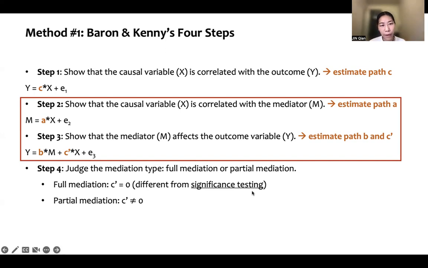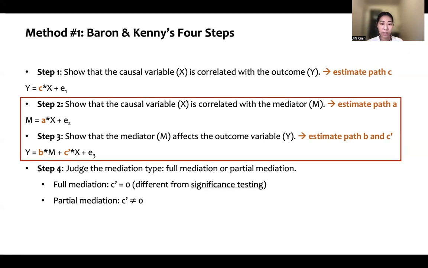According to Baron and Kenny, they use this coefficient to judge whether it's a full or partial mediation because, if we use significance testing, even a very small coefficient can still be significant if the sample size is large enough.